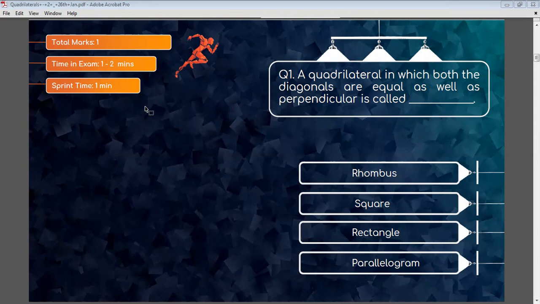Okay, so Krishka has got the answer. Anyone else?